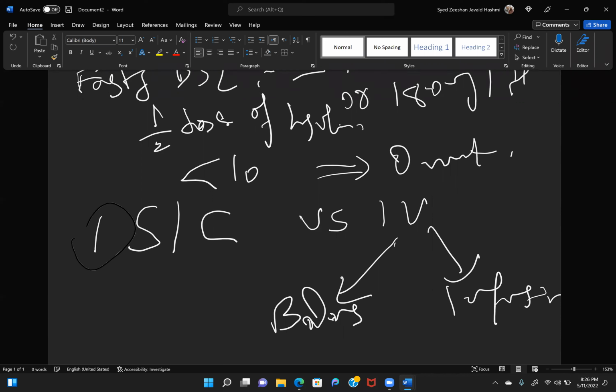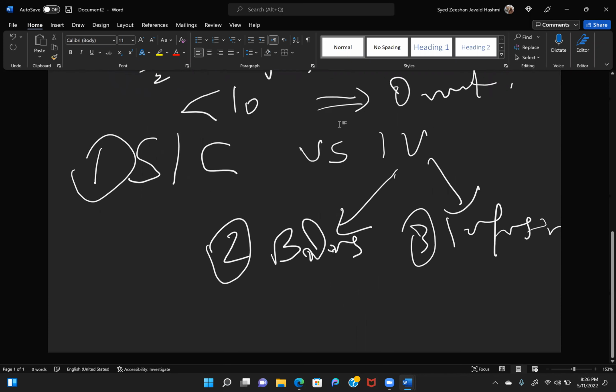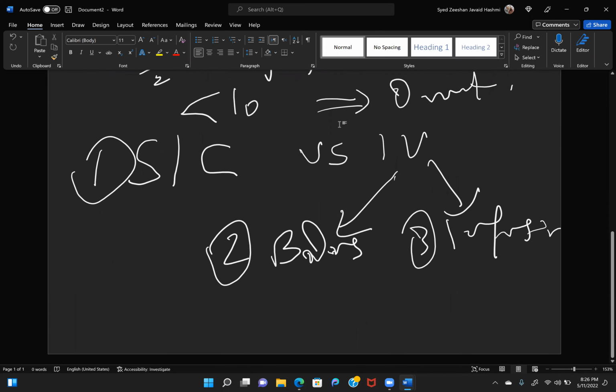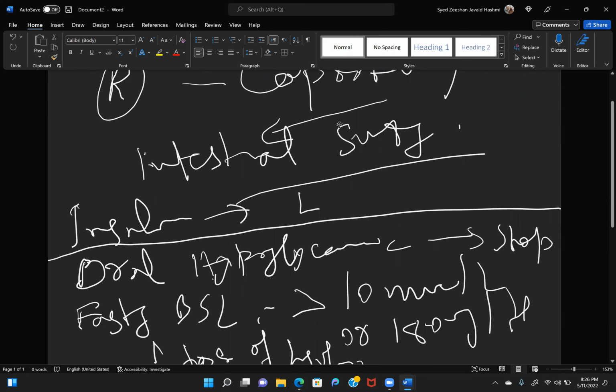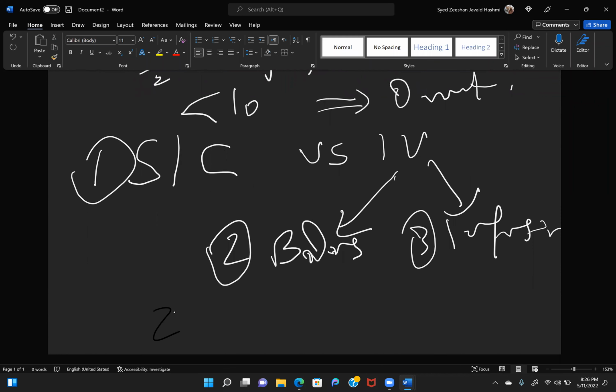So how will you rate these three things? Because there are three ways to give it, am I right? For example, the preoperative blood sugar was 200. What will you do?